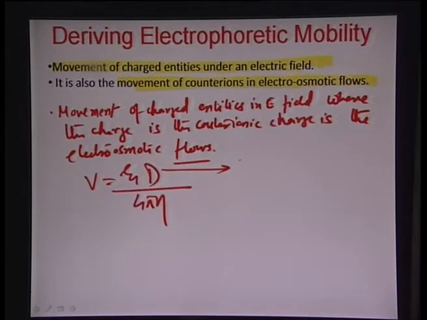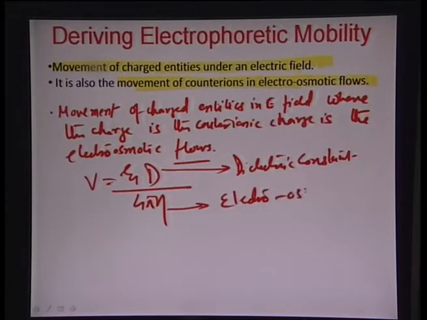D essentially is the dielectric constant of the medium, and I am borrowing this equation from the electroosmosis case, because whether it is counter ions or a primary ion, it really does not make much of a difference as far as the equations of motion for the charge goes. Only the charge type varies in this particular case. So neta is the viscosity of the medium.